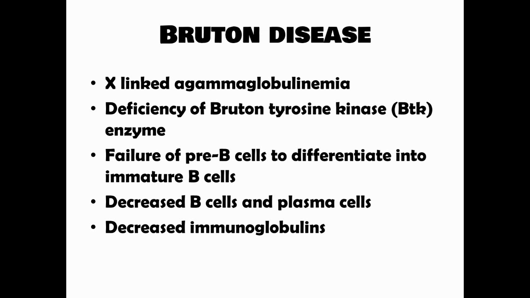But there'll be some amount of T cell activity and phagocytic activity in these patients. Okay, so as you all know, immunoglobulins, or antibodies, are produced from B cells and plasma cells. Since there are decreased B cells and plasma cells, there will be decreased immunoglobulins in these patients.